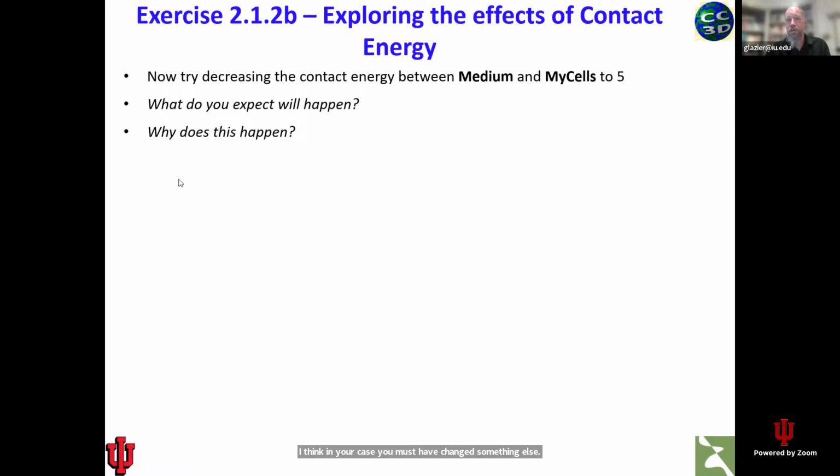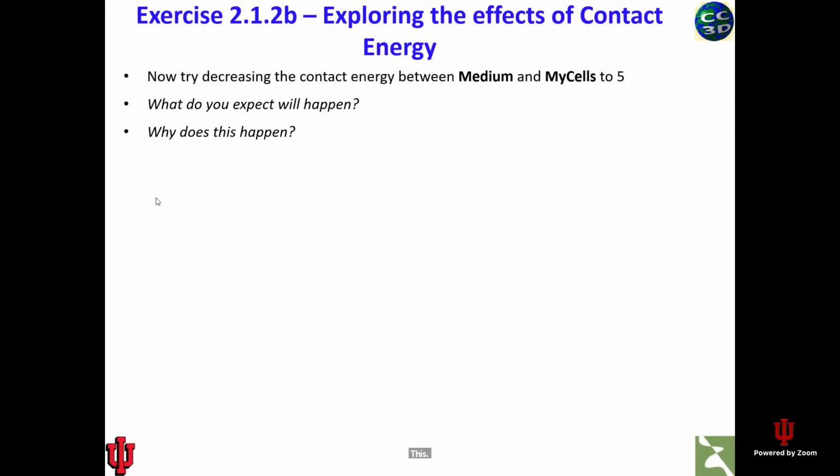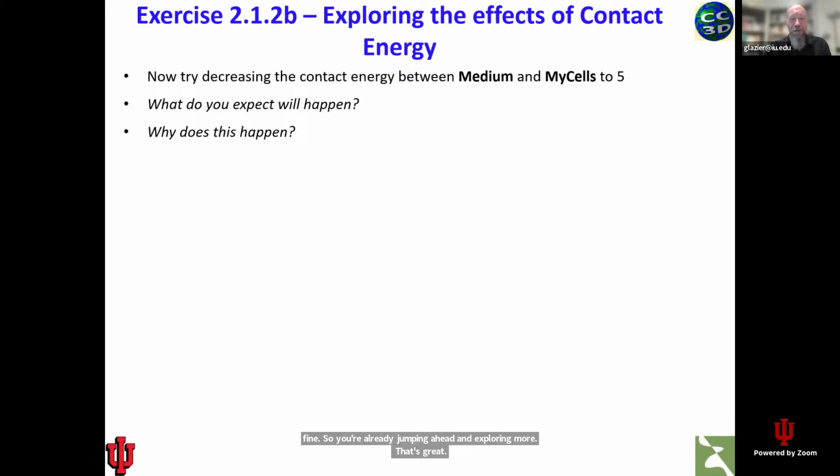This is actually the cell parameter set higher, much higher than two times the cell medium. So that's separated. That's fine. So you're already jumping ahead and exploring more. That's great. That's always good to play. You're not going to break anything by changing those numbers, so you can explore them.